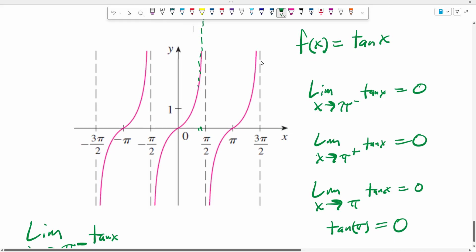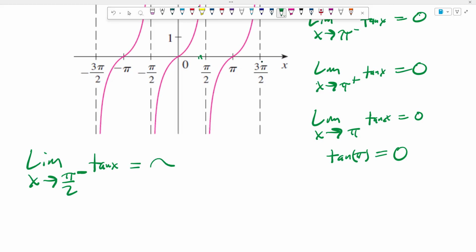larger. So we put positive infinity. The limit as x approaches pi over 2 from the right? Negative infinity.